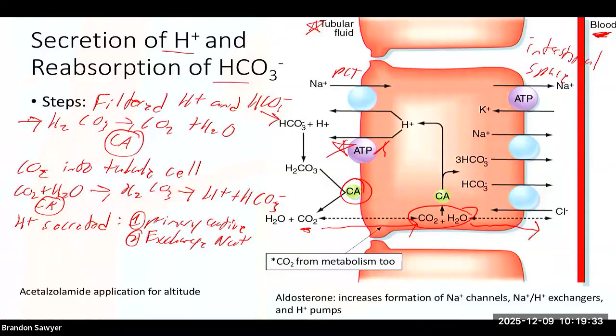And then these pumps are more common in the distal convoluted tubule. This is supposed to be a D there. Sorry about that. Distal convoluted tubule, proximal convoluted tubule. We can see both mechanisms in either place, but it's more common to have those as I wrote it there.